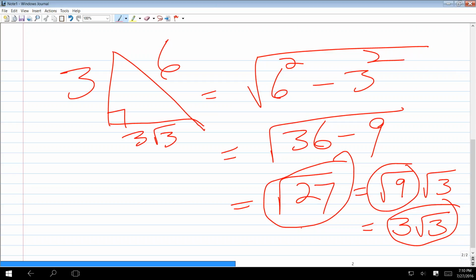But there are certain conventions you have to obey in mathematics, and one is that you do not ever represent a number unless it's simplified. So I would always reduce it to 3 square root of 3.